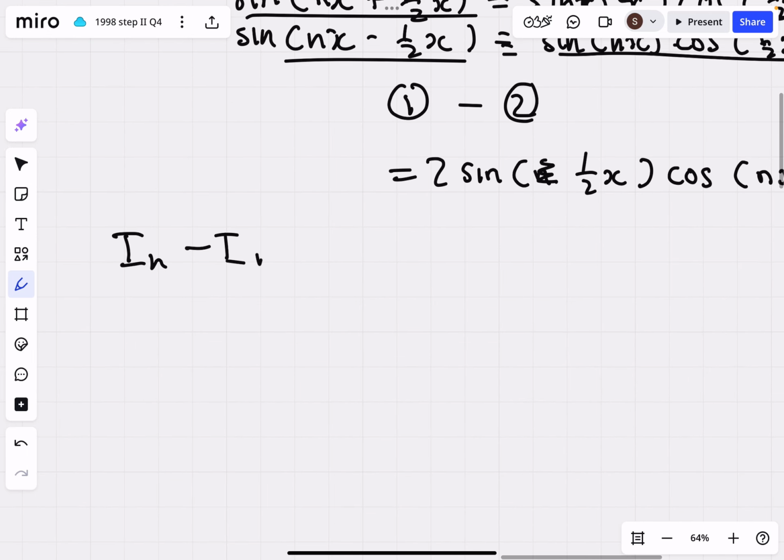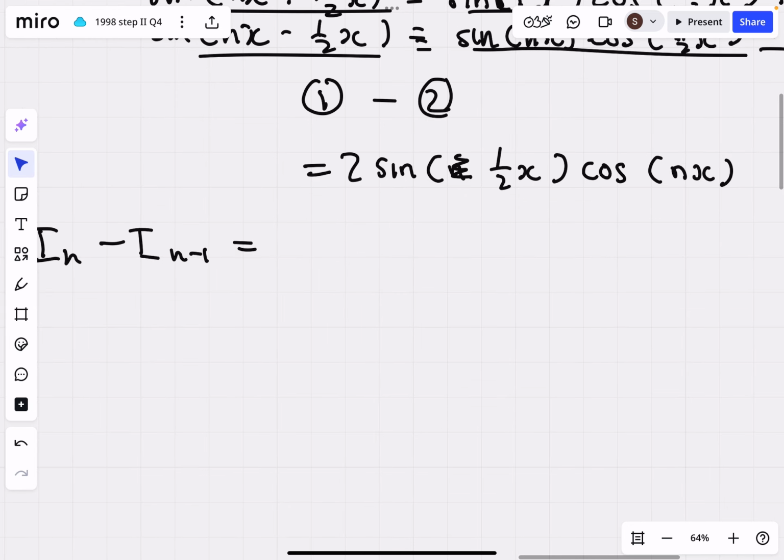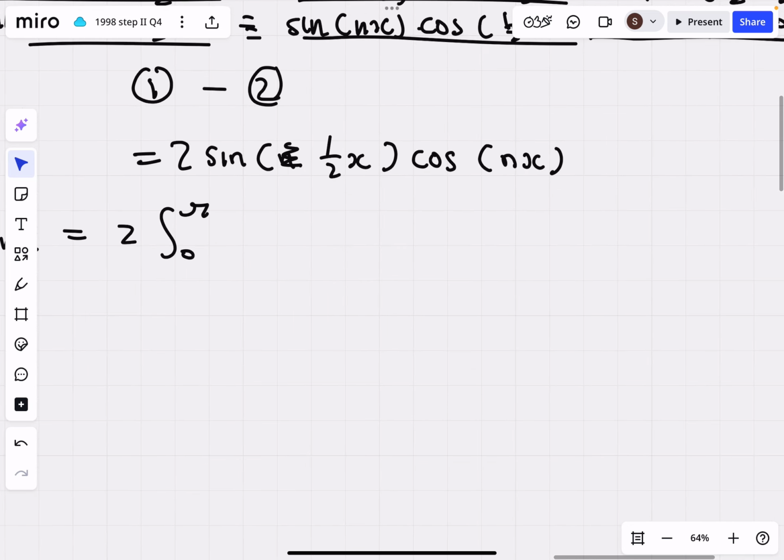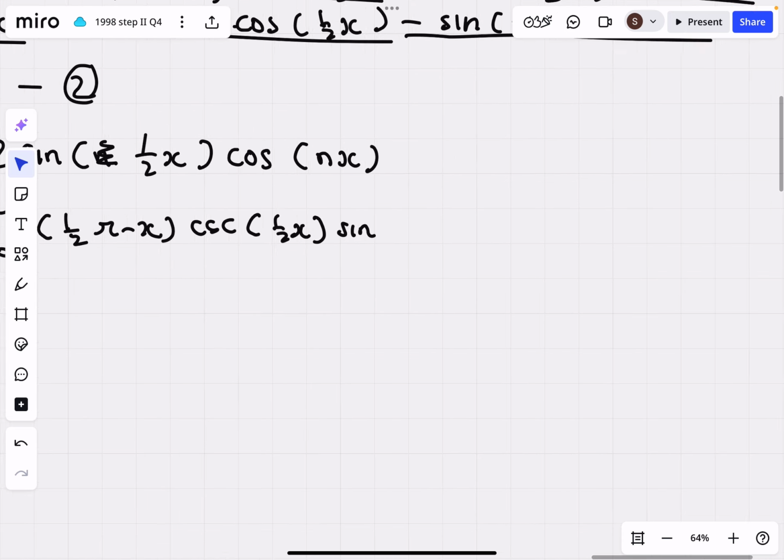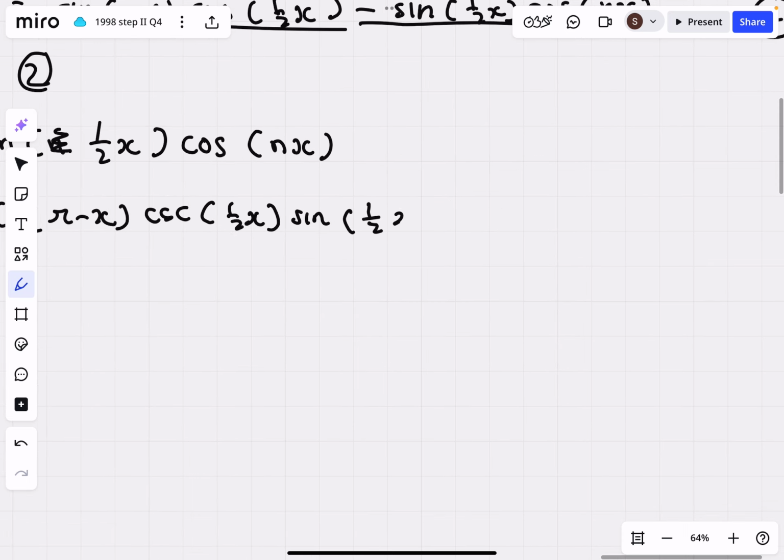So now we substitute this back into our integral. I_n minus I_{n-1} equals, let's take the 2 on the outside, so 2 times the integral from 0 to pi of cosec a half x sine half x cos nx dx.